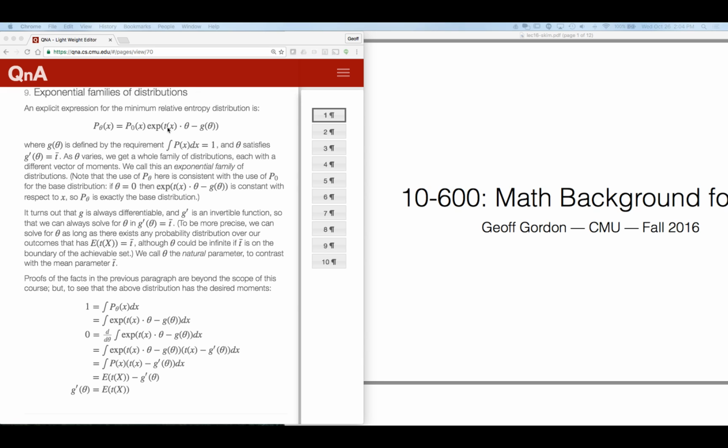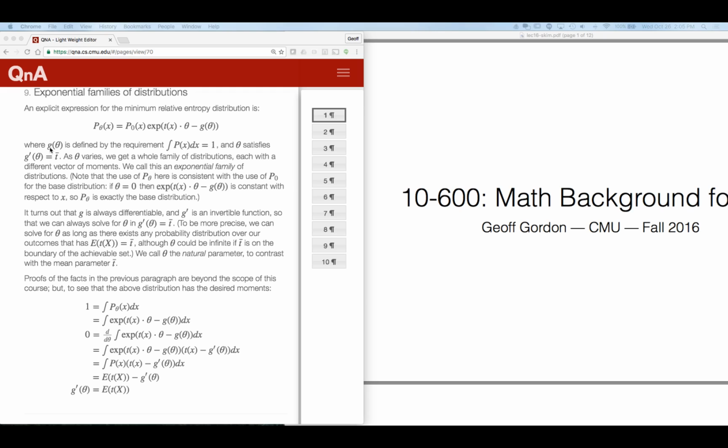All right, so please ask questions if all of this isn't clear. I'm going to do two things next. One of them is I'm going to go through this derivation. This derivation is just showing that this equation here is correct, that if we select g prime of theta to be t bar, then we will actually have the desired vector of moments.